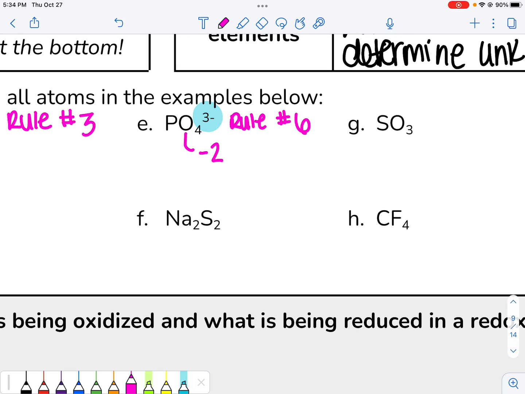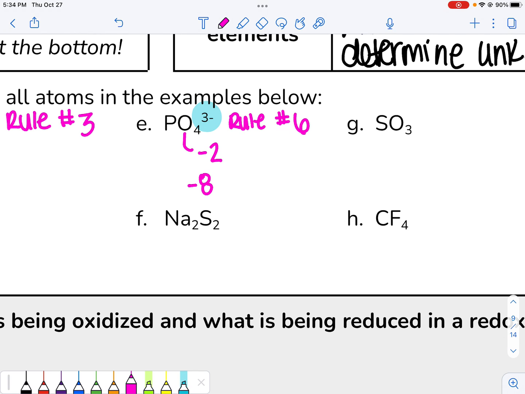But how many oxygens do we have? 4. So if every oxygen has a -2 oxidation state, overall the oxygens are responsible for a -8 charge in the compound. To balance that out, to get us to a 3- charge for the ion overall, phosphorus has to have a +5 oxidation state.